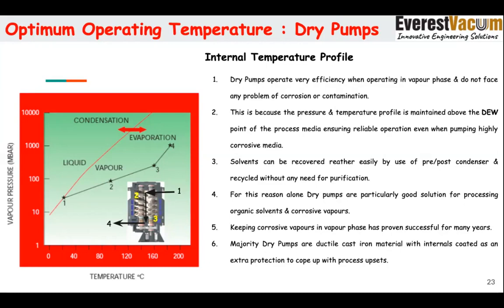So as an extra protection, we tell the customers that we offer to cope with whatever process upsets that are there. As an extra safety, it is always sensible to have internals coated. These can be either polymer coating, such as PEEK coating, PTFE coating, or they can be plating, such as nickel plating.